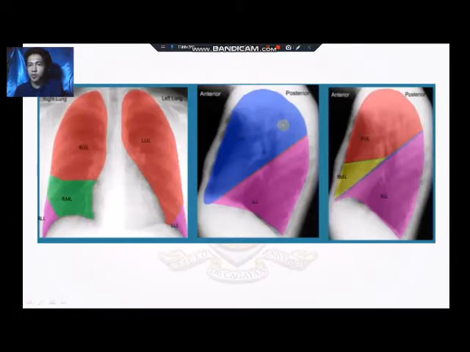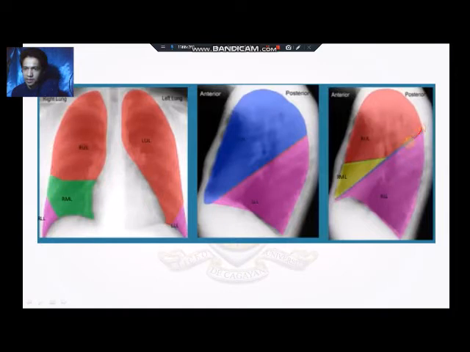So when we expose the patient, this is the left lung, and this is the distribution of the superior and inferior lobes. And for the right lung, this is its distribution in lateral projection. This is the superior lobe, this is the middle lobe, and this is the inferior lobe. So we will look back at the earlier radiograph.